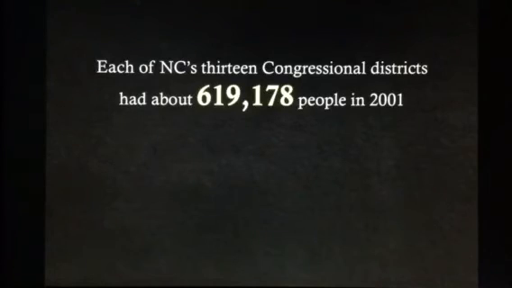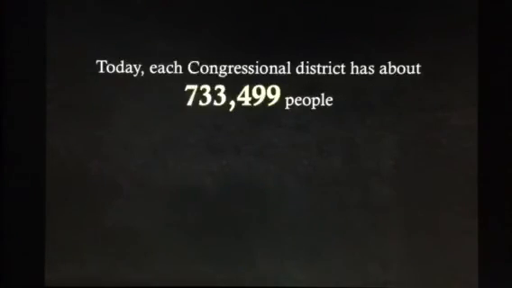In 2001, each of our 13 congressional districts represented about 619,178 people. Today, each congressional district represents roughly about 733,499 people. Again, these congressional districts must be basically roughly equivalent population-wise.